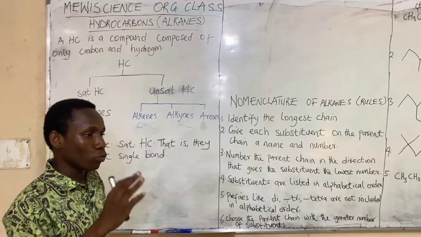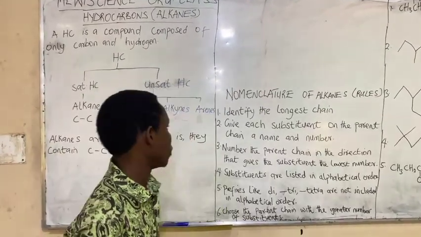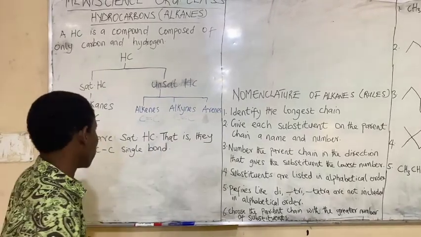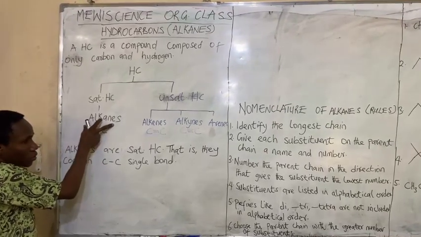It could be a double bond, it could be a triple bond, it could be a benzene ring. Those are the unsaturated hydrocarbons.